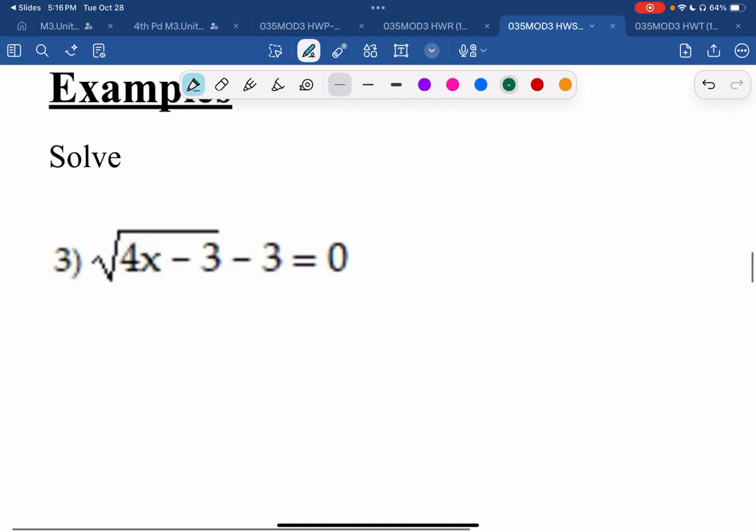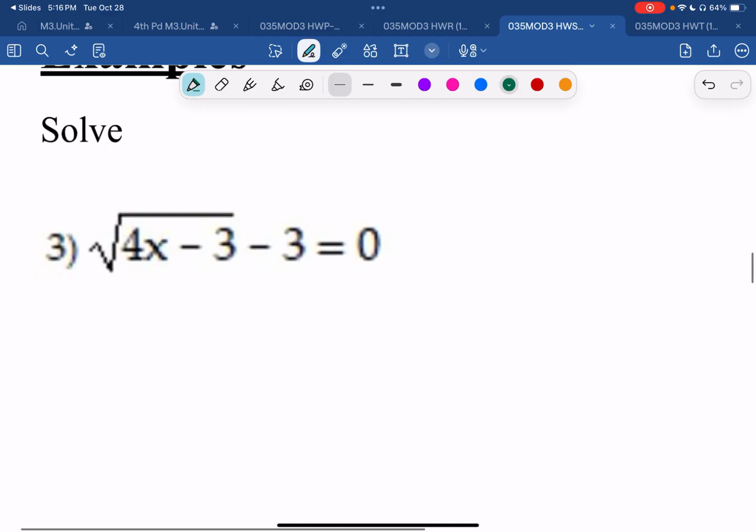So example 3. If we look again at thinking of our equation as being two sides, our square root is not isolated here. So we need to isolate that first. We're going to start by getting rid of this minus 3, so I'm going to add 3 to both sides.